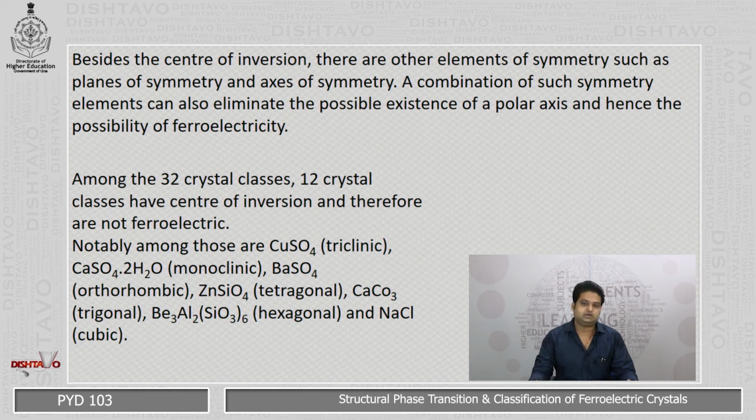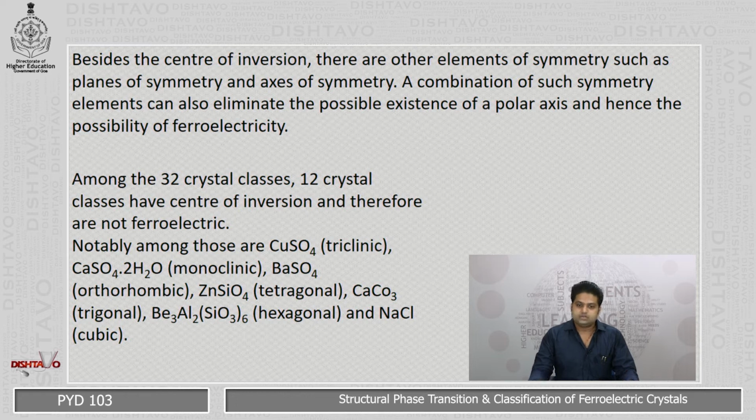Now, besides the center of inversion, there are other elements of symmetry such as planes of symmetry and axes of symmetry. A combination of such symmetry elements can also eliminate the possibility of ferroelectricity. That is the reason among the 32 crystal classes that we have, 12 classes have centers of inversion, and therefore they can never be ferroelectric.